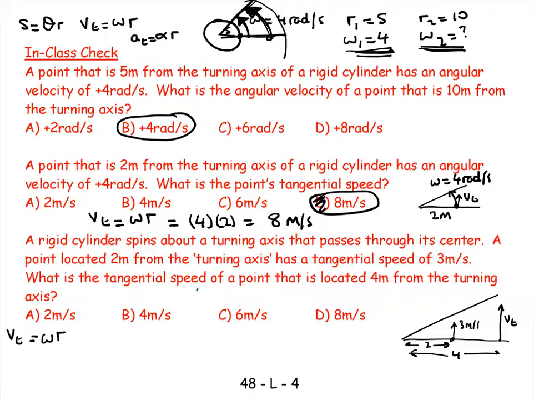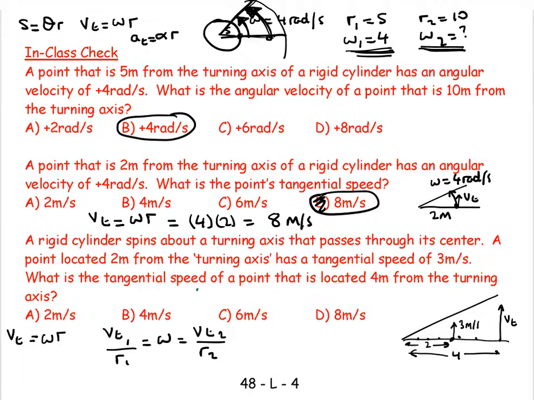My v tangential for the first point over the radius of the first point is equal to omega, which, because it's the same for both, equals my v tangential of the second point over the radius of the second point. The consistency of the angular velocity for all points on this rigid cylinder as it goes around and around is my common factor.